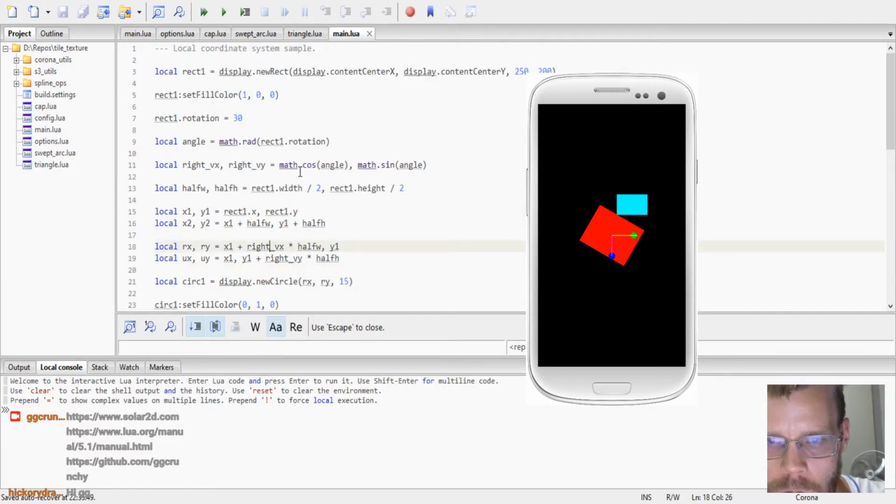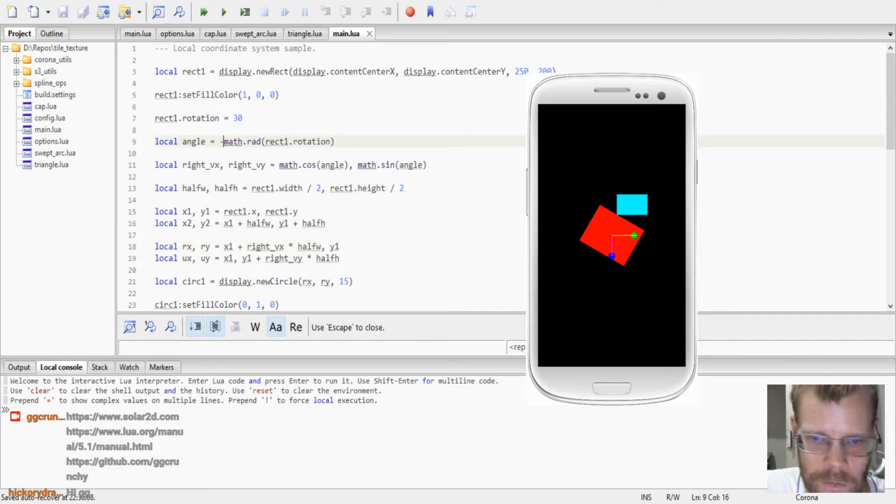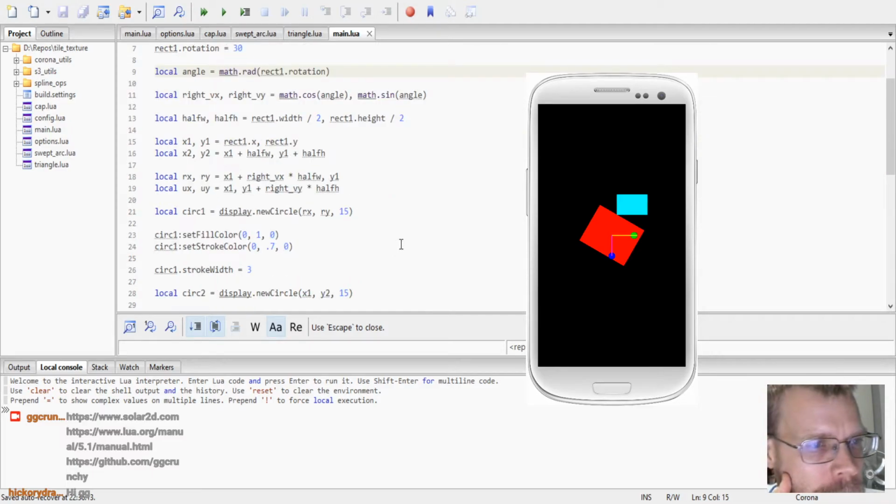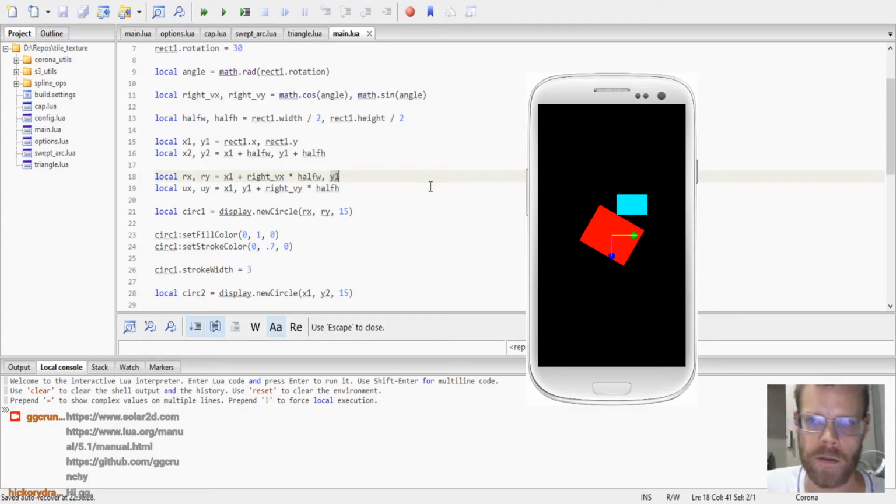Right dx. This might be a case where the angle is backwards. Let me see if I can. No. Oh, yeah.